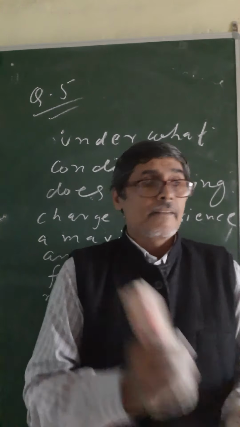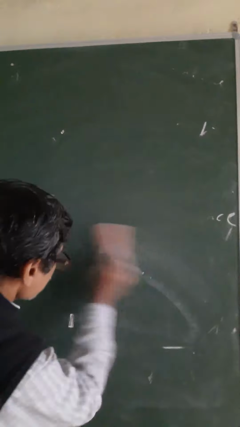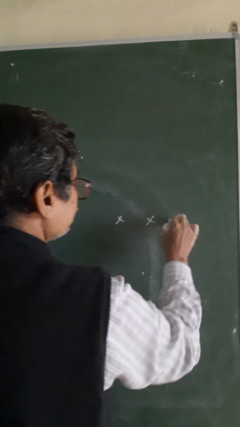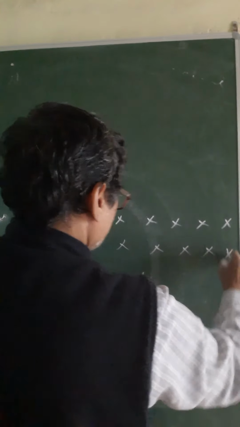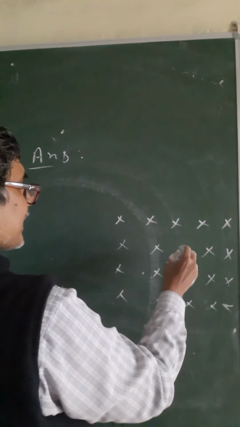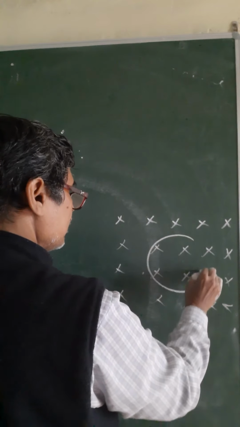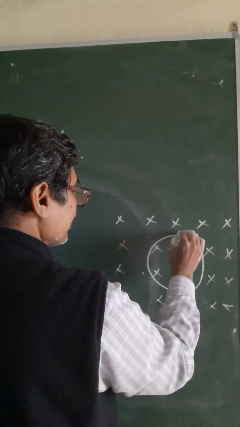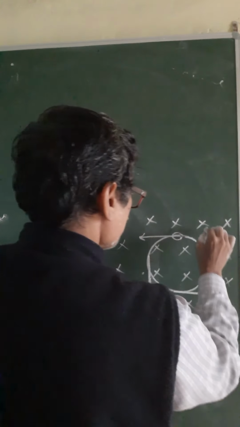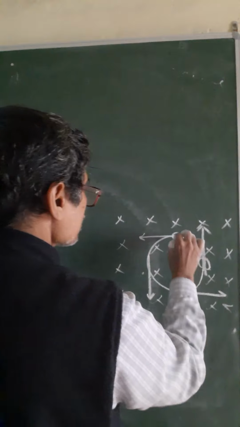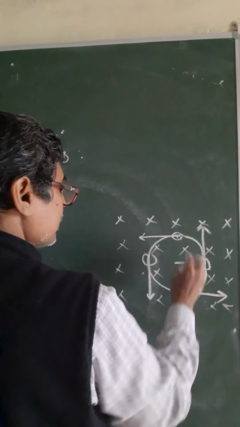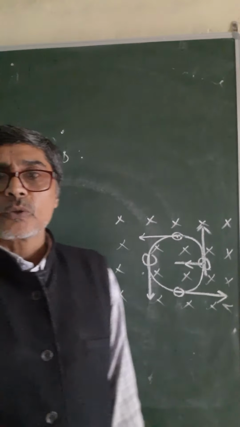So here we will discuss the answer. Suppose this is a magnetic field directed towards the surface, and when a charged particle enters normally to the magnetic field, it experiences maximum force and follows a circular path. Here the charged particle is moving on a circular path.